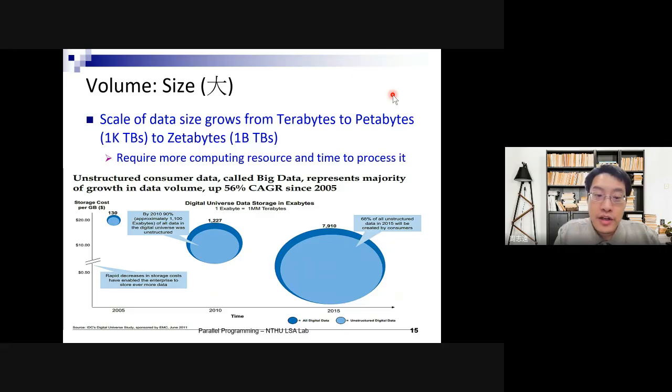Okay, and more so, unlike the data we tried to process in the past, the data we try to process today usually is unstructured. Unstructured means that it doesn't have a fixed schema or some fixed format to store the data.